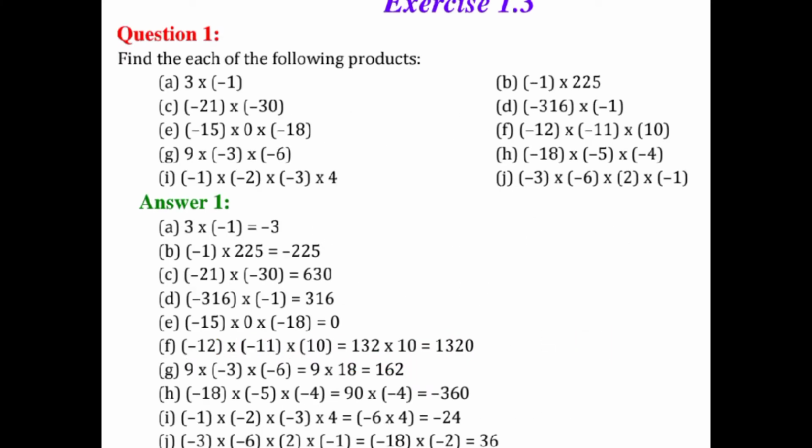Okay, this is exercise 1.3, right? Question number 1 is find each of the following products. So the A part is 3 into negative 1.